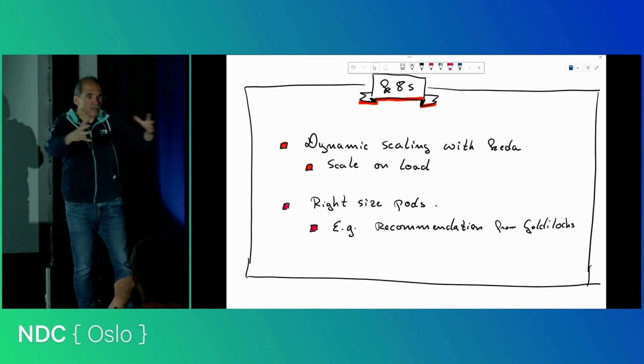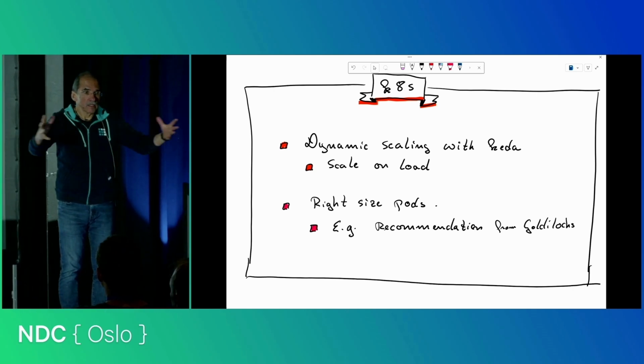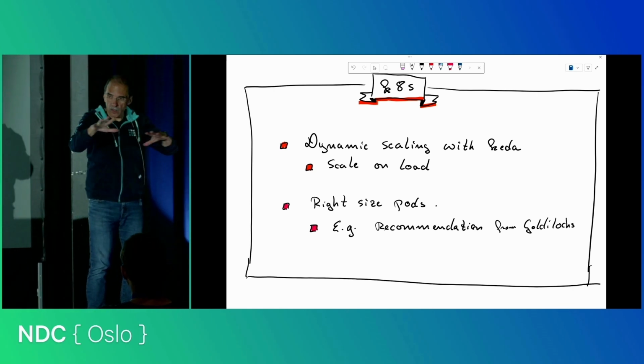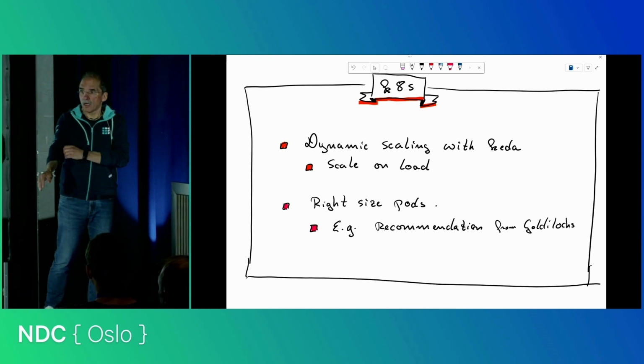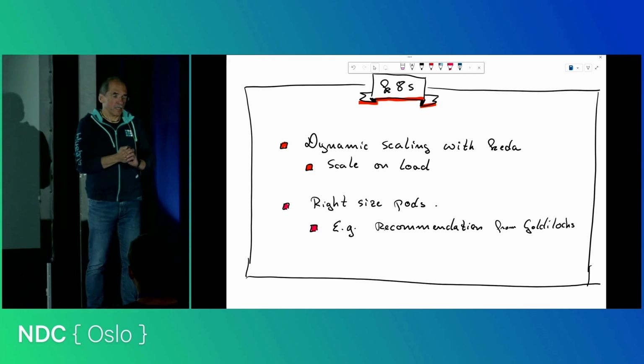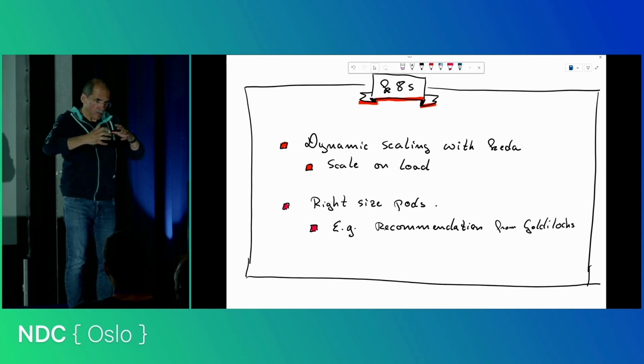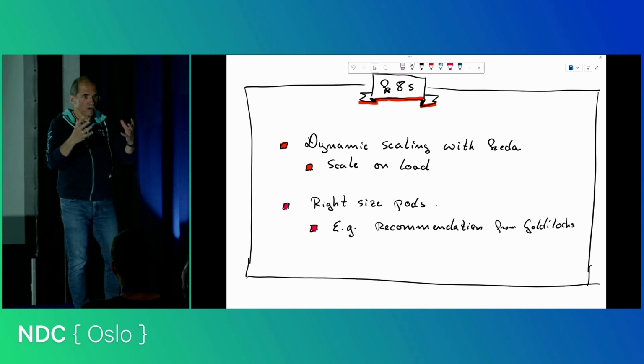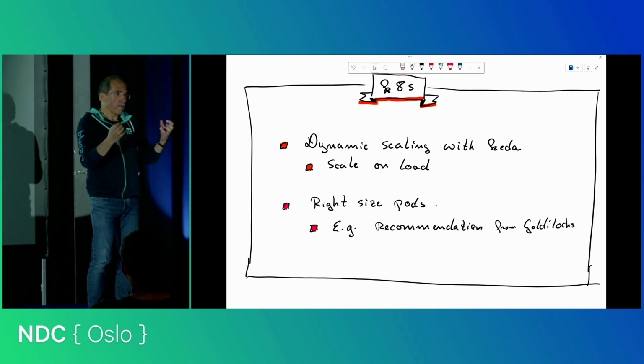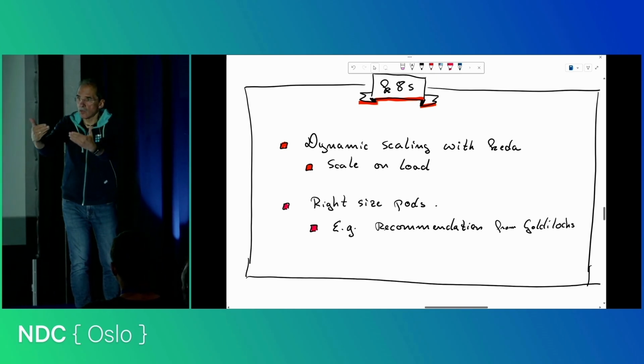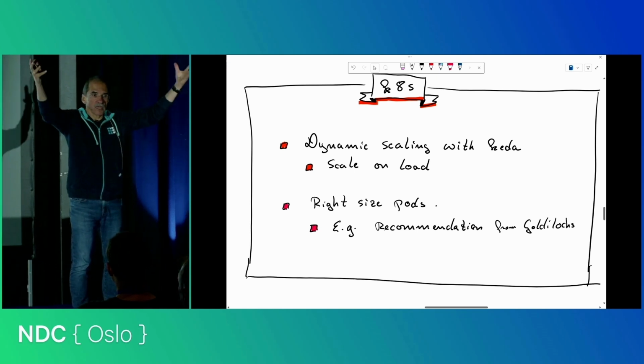Kubernetes can scale. The idea of Kubernetes is you have these pods, and the pods are running on nodes, and then you can have some kind of load manager. So if there is more load, then you scale up pods.